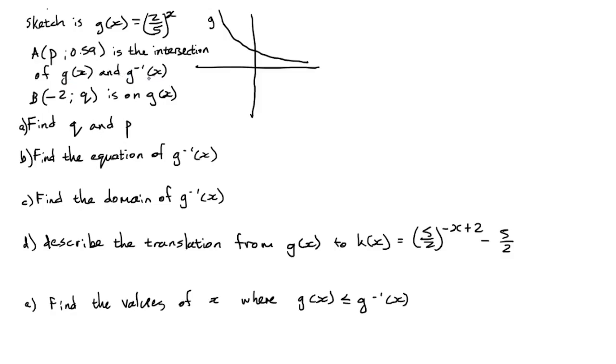Out of interest, that will mean that P's value will also be 0.59, because if they're inverses, it will be running through the line y = x. So the point of intersection will be on the line where y = x. That's just a quick little trick to get P out the way. So there's that answer done.